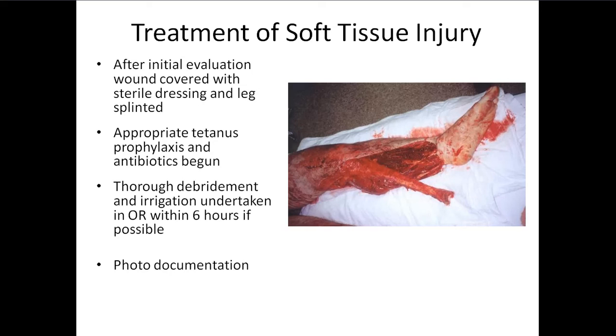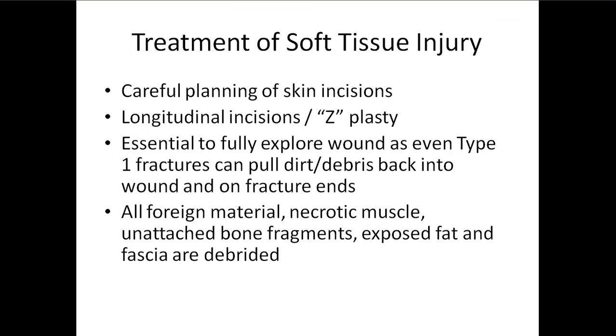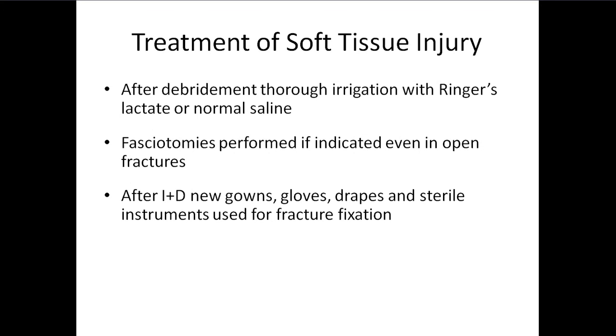You need to take photo documentation, plan the incisions carefully, and explore the wound if required to see the other structures. All foreign material, necrotic tissue, muscle, unattached small loose bone fragments, exposed fatty tissue, and fascia must be removed, debrided. After debridement, do thorough irrigation with Ringer lactate or normal saline.